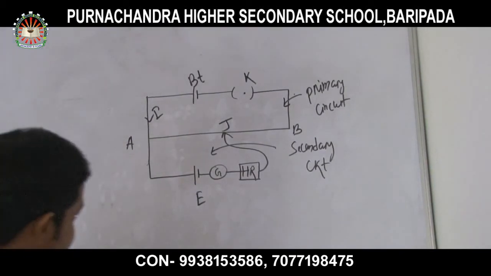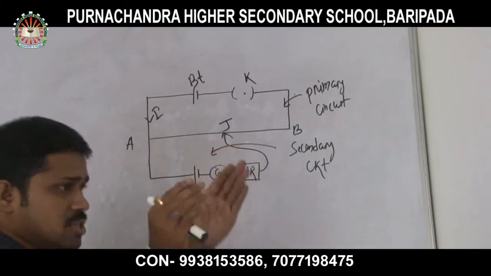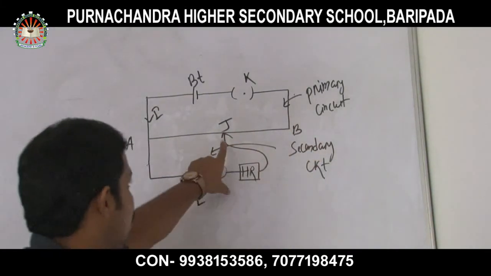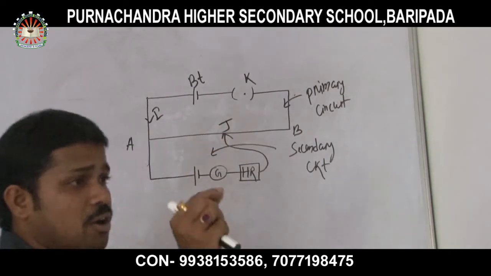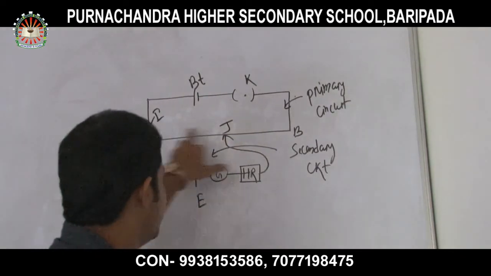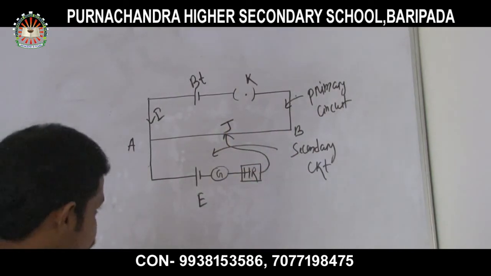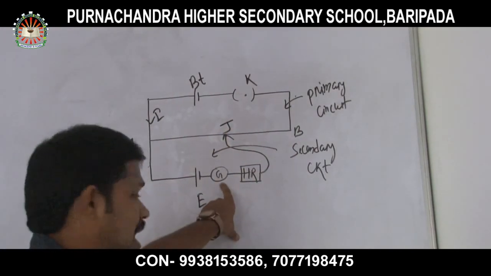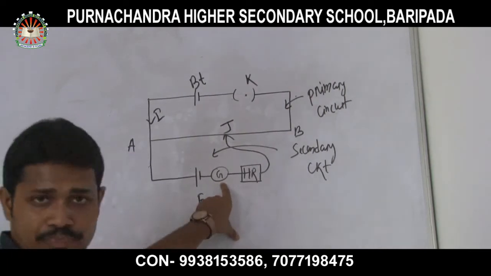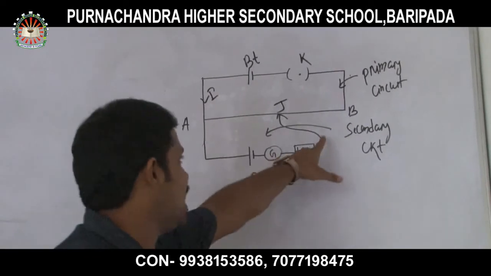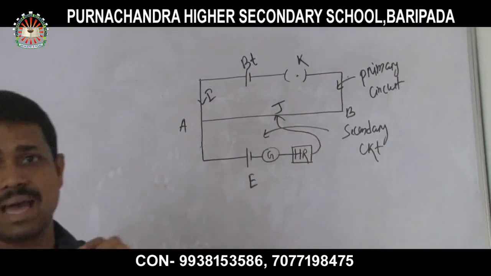The aim is to place this jockey in between the wire AB in such a manner that the current flowing in this galvanometer becomes zero, so that this circuit will be balanced.